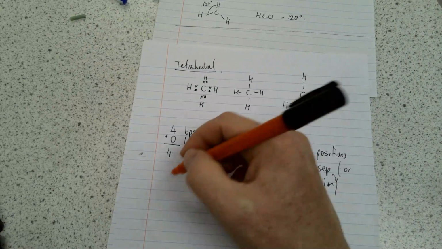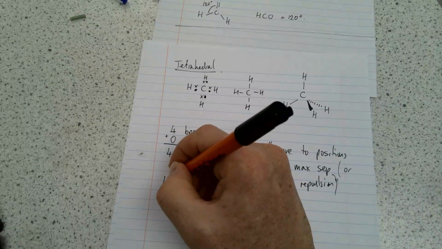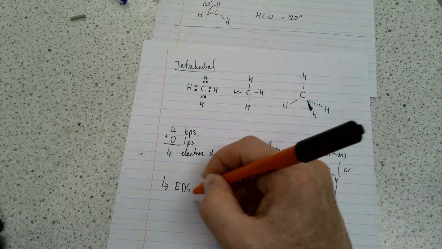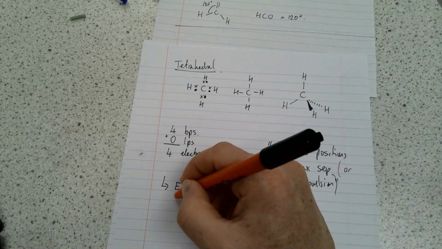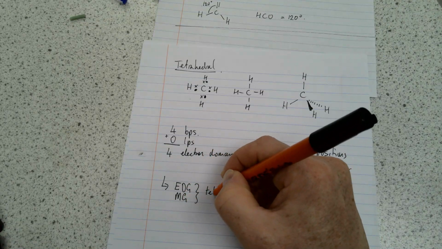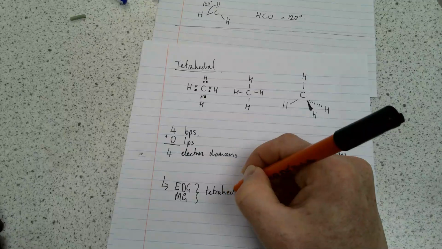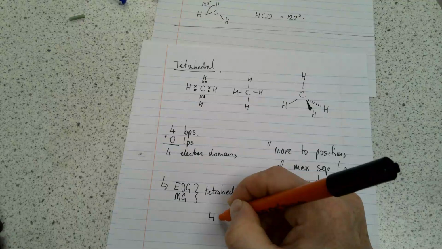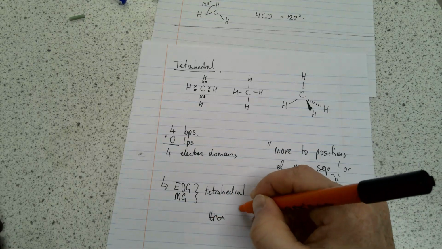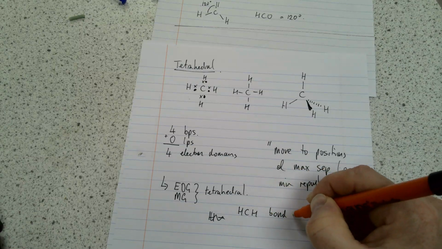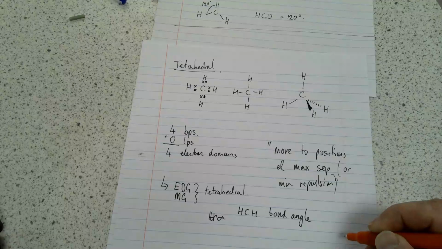And that gives it an electron domain geometry, and because there's no lone pairs, the molecular geometry is what we call tetrahedral. And the HCH bond angle, I want you to learn this number.